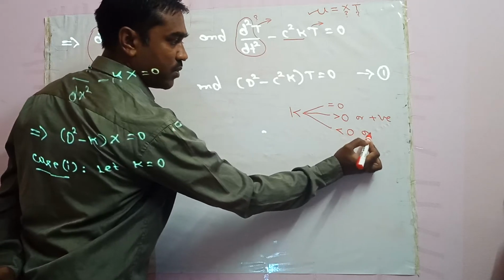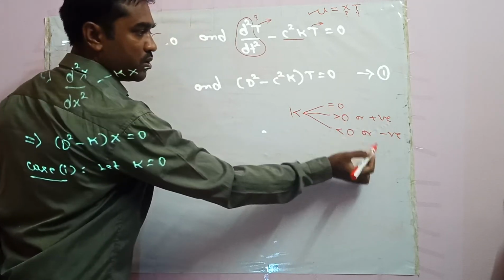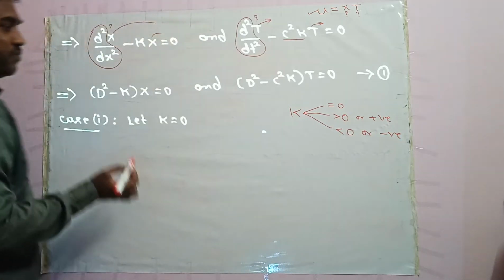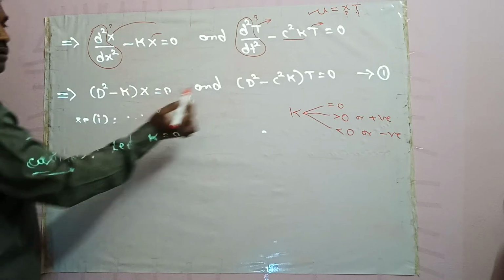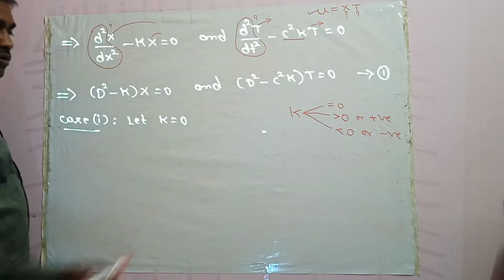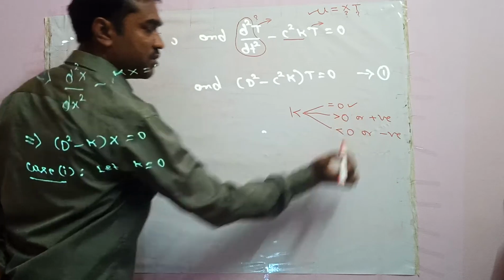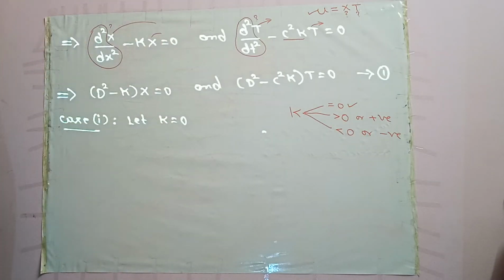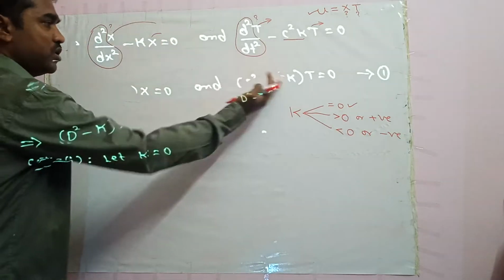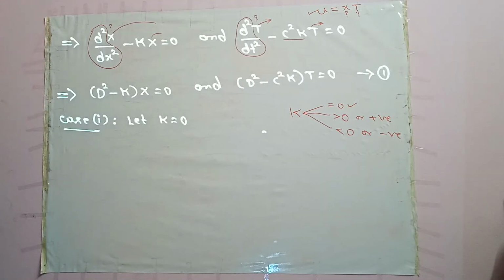So these are all the possibilities of this k and this k. Now let us take the first case, k is equal to 0, and see what is the solution in that case.